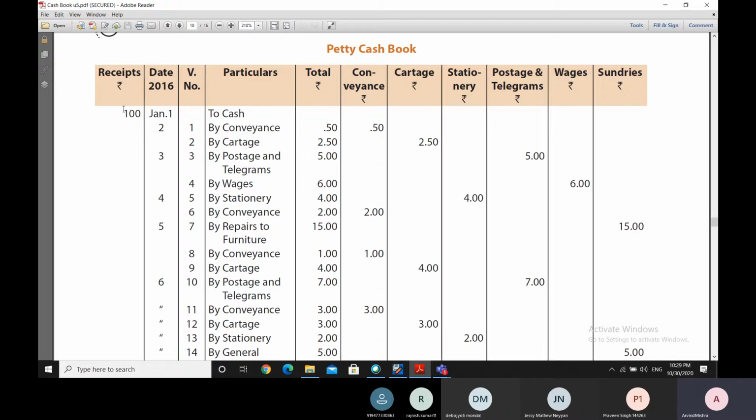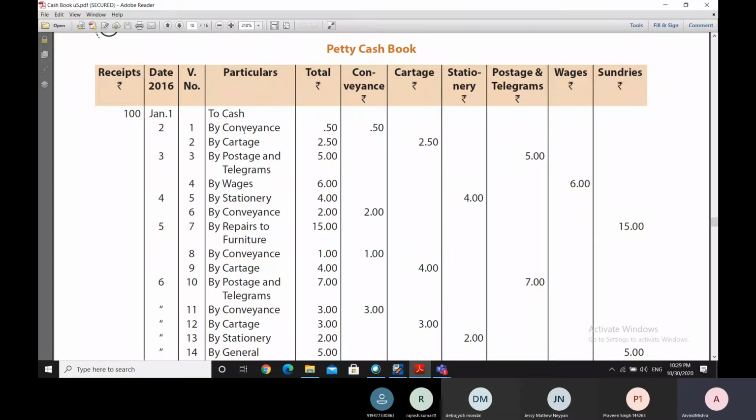because on the extreme left hand side there is a column called receipts, and the receipts are, let's say, 100 rupees. And then there is a date column, and then there is a voucher number column, because for every payment, a voucher is to be prepared and kept as documentary evidence.